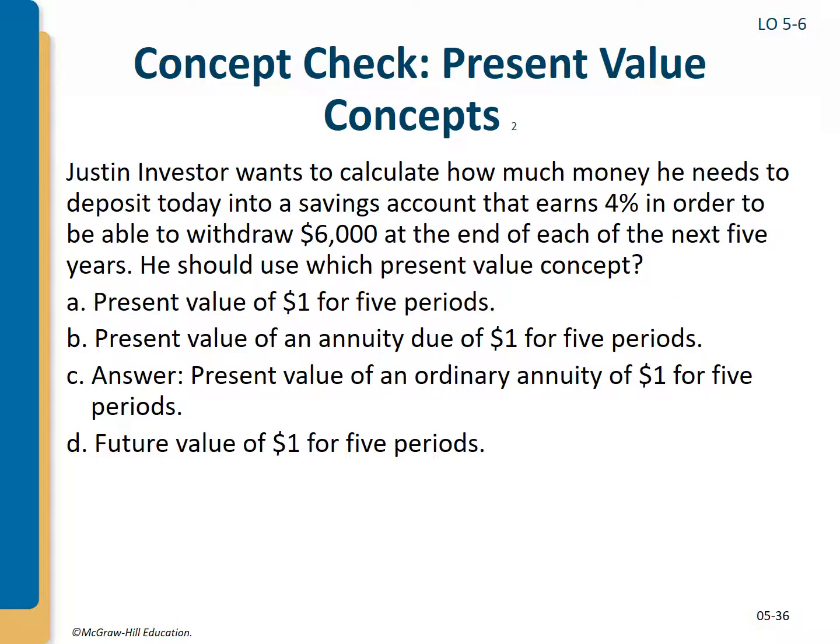We want to solve for PV, so we're just going to make that 0 for now and move our cursor down using our arrows. Future value has nothing to do with this calculation, so we want to make sure it is at 0. But the PMT is very important when calculating an annuity because it's what we're trying to determine the present value of in this case.